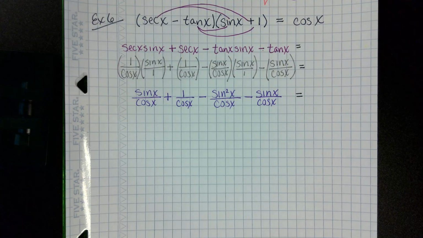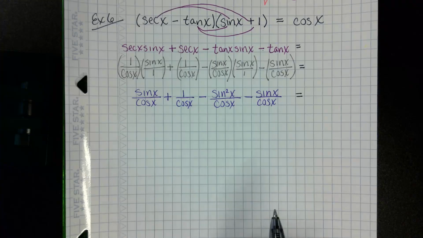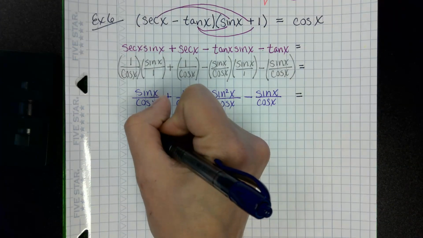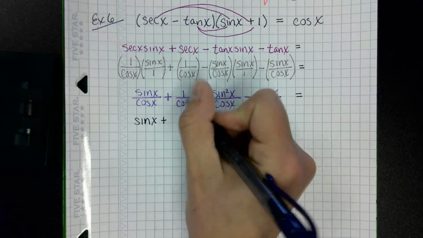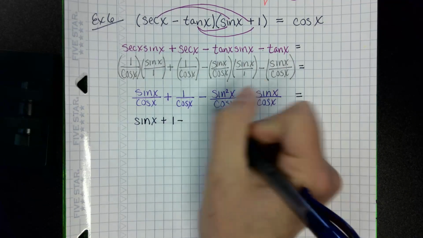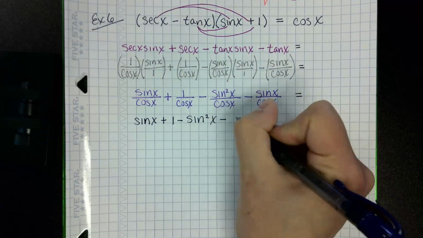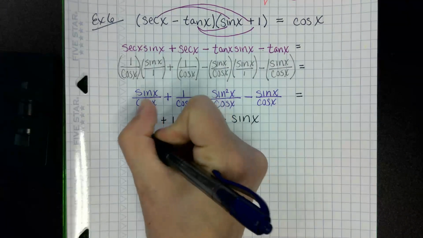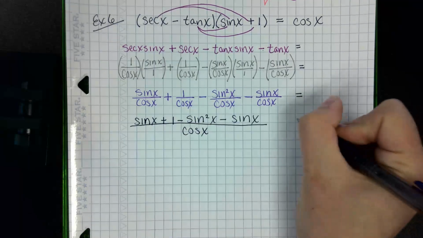And now that I'm looking at it, I see they all have a common denominator. The denominator in every single one of these is cosine. So that means I can write out the numerators and put them over a single cosine. So I have sine x plus 1 minus sine squared x minus sine x. And all of that is over cosine x because that is the common denominator.